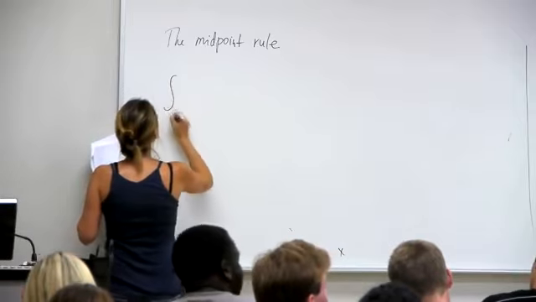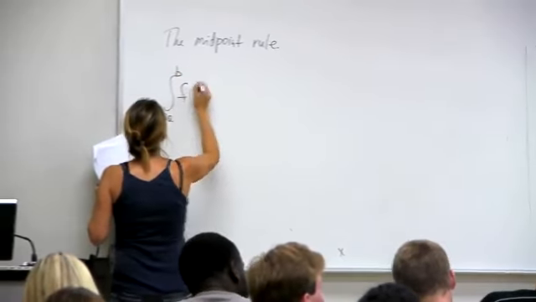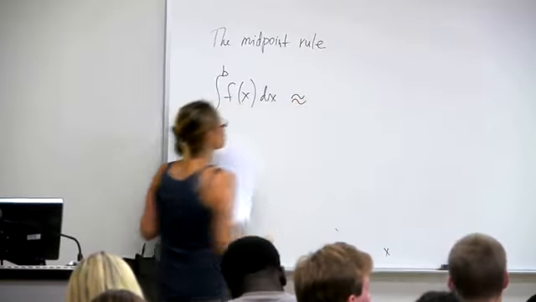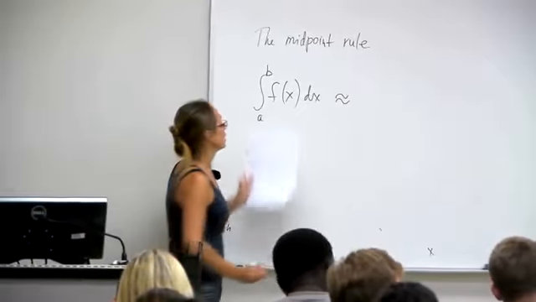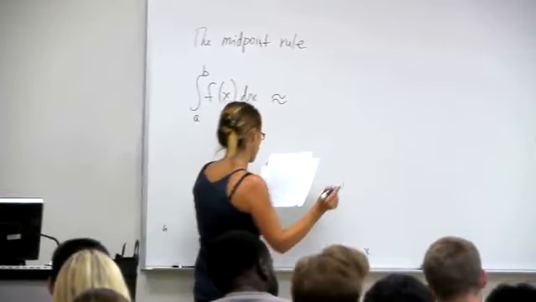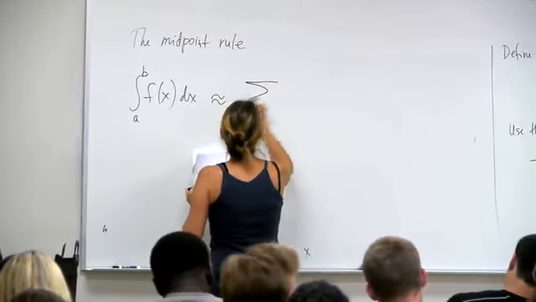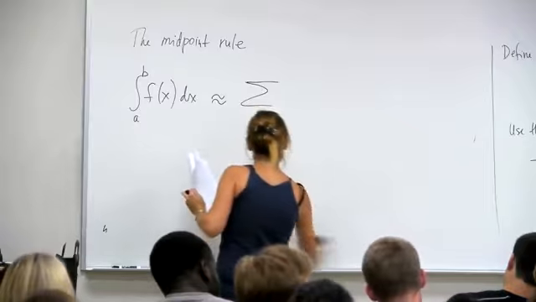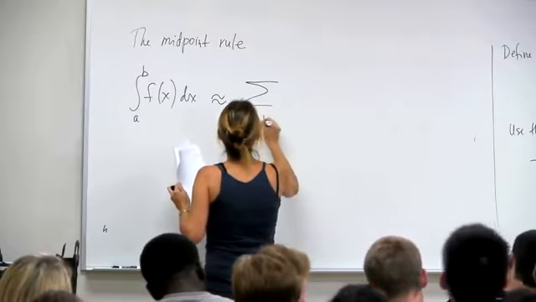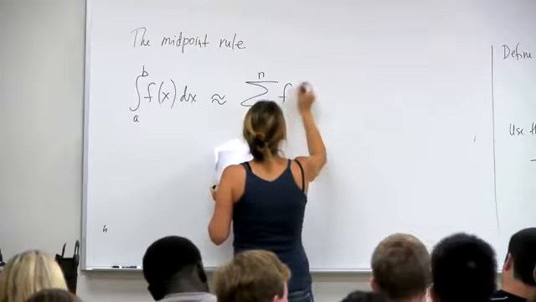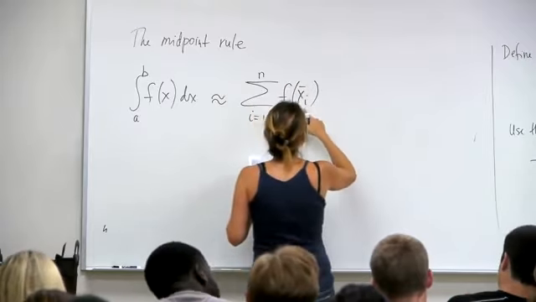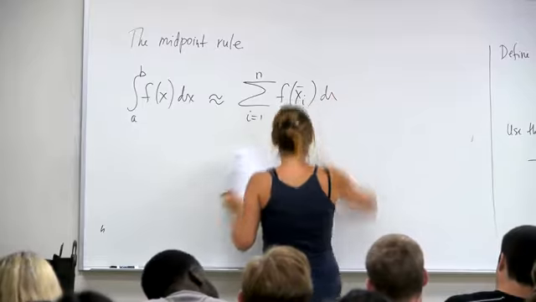Simply put, this rule allows me to approximate this integral by a finite sum of f of xi bar delta x.